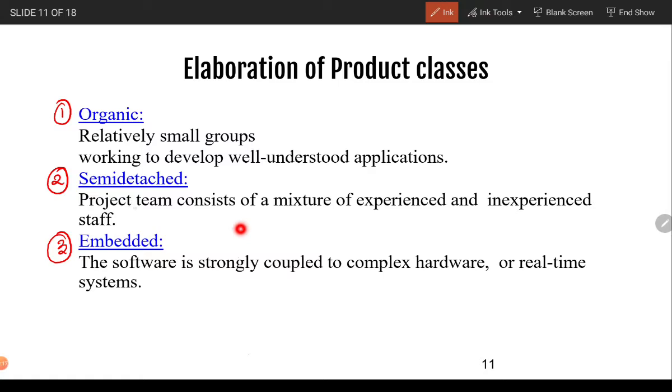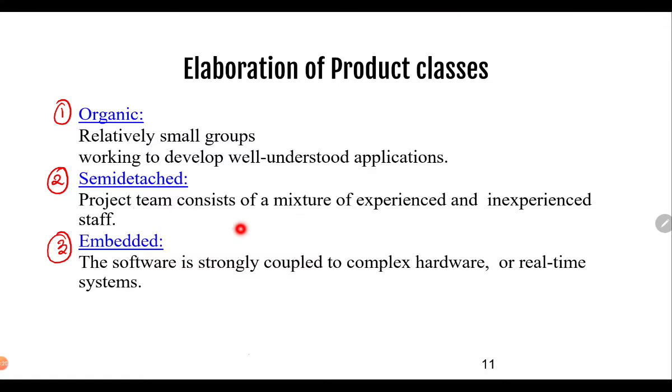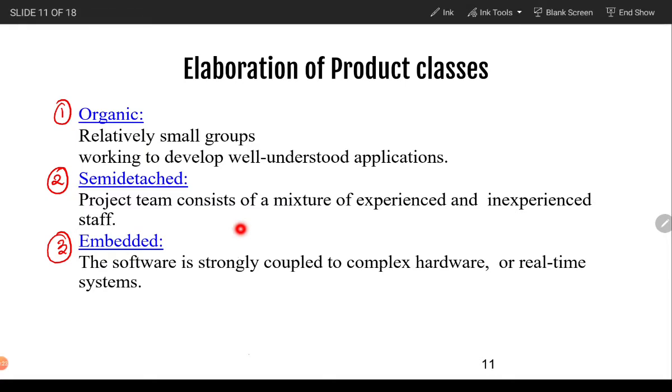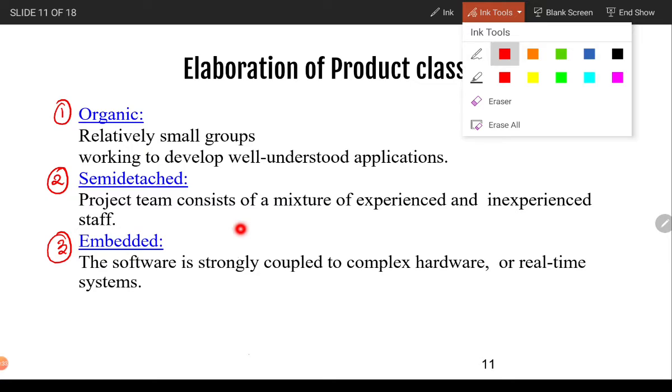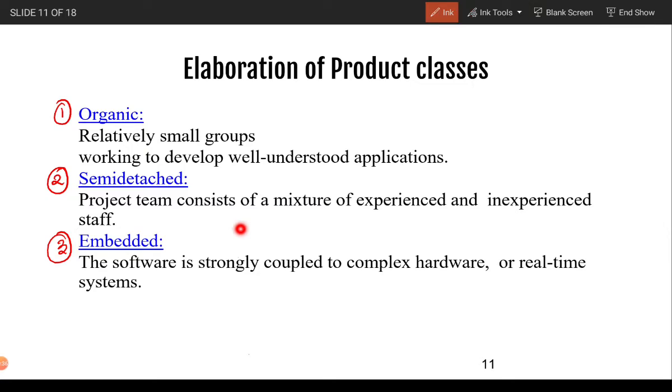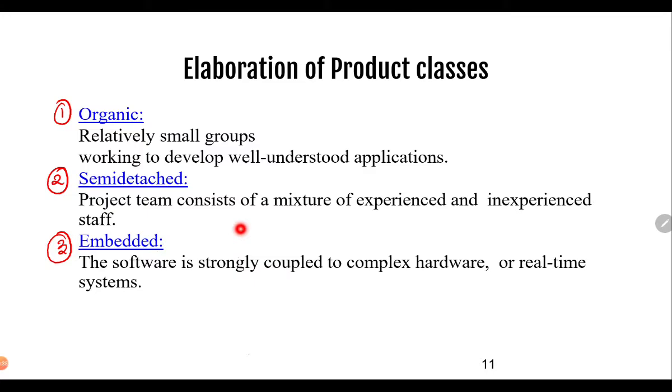Next is semi-detached, where the project team consists of a mixture of experienced and inexperienced staff and will generally have a complicated way of representation. The third one is embedded, where the software is strongly coupled to complex hardware or real-time systems. This embedded software has a group of experienced team members for implementation.